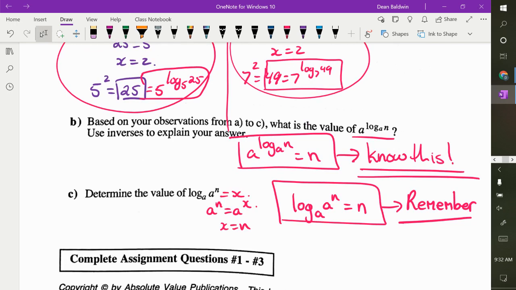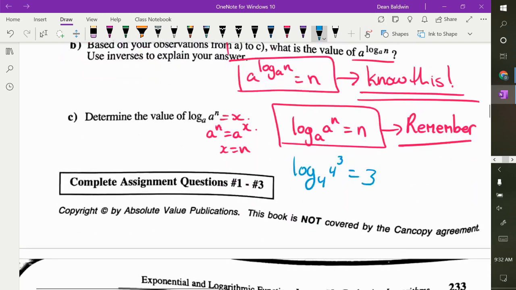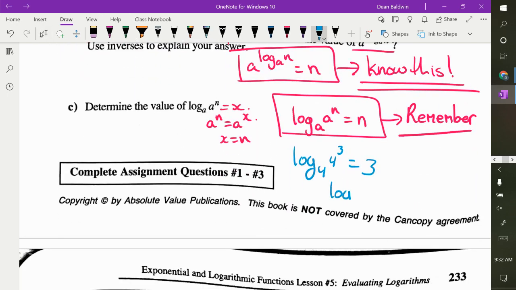So if I gave you, let's make up a couple examples here. So if I said log base 4 of 4 to the third, you would tell me the answer is? Exactly. Now, what if I do this? Log base 4 of 16.